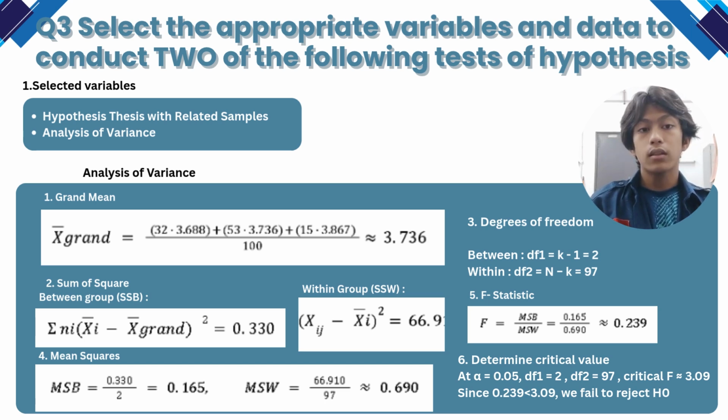We then compared this to the critical F value of 3.09 at the same 95% confidence level. Since our F value of 0.239 was much smaller than 3.09, we failed to reject the null hypothesis. This suggests that while there might be a small difference among the groups, they are not statistically significant overall.